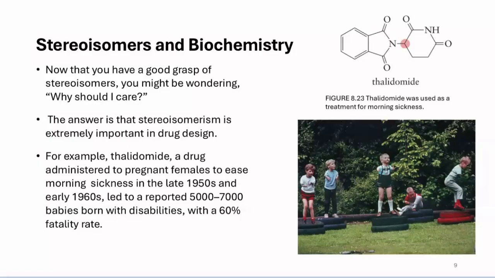So understand that it depends on the medication. Not all of them have one enantiomer that cures and another that creates problems. But at times, this can be the case.